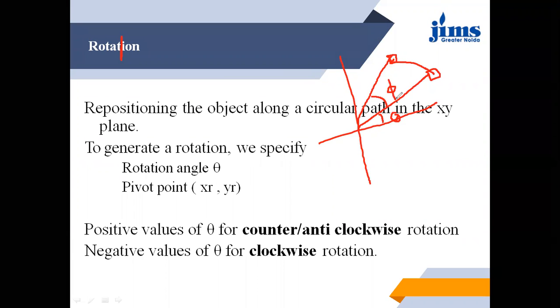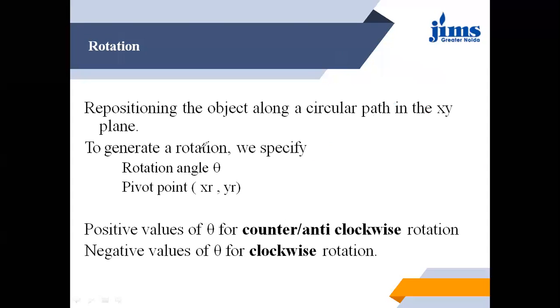As the shape changes in scaling, the shape is not going to change in rotation as well as translation. So let us try to discuss this in detail.